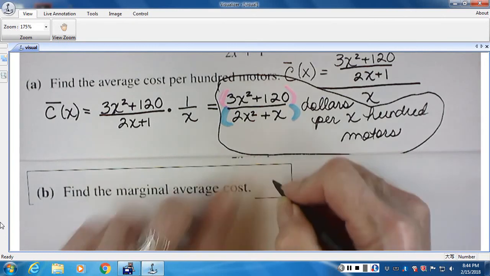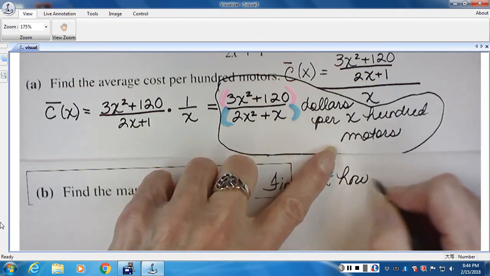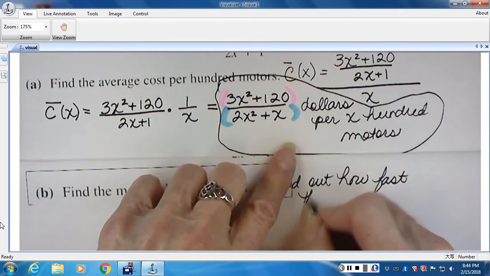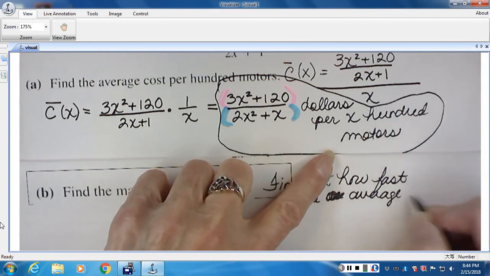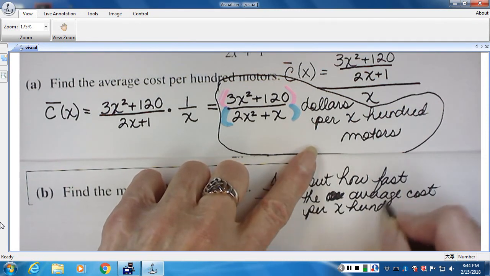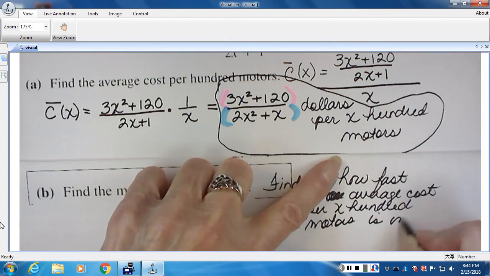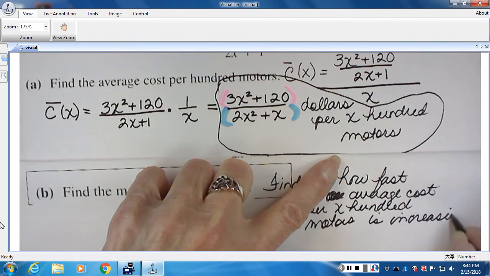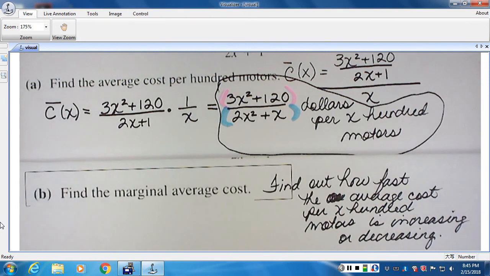Translation means what you're actually being asked to do is to find out how fast the average cost per X 100 motors is either increasing or decreasing.